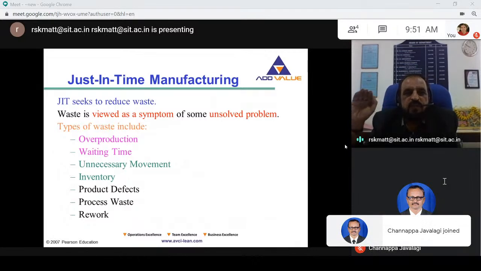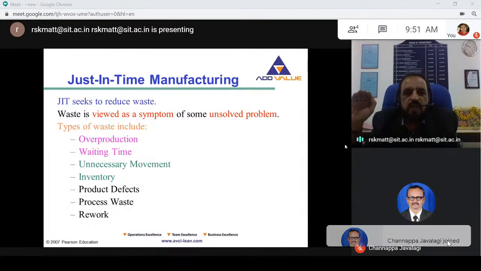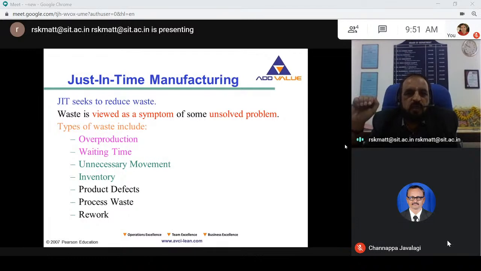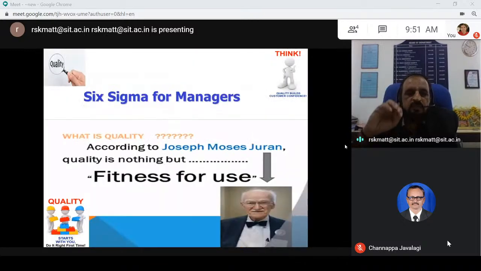The waste is viewed as a symptom of some unsolved problem. The types of waste include overproduction, waiting time, unnecessary movement, inventory, product defects, process waste, rework. These are all the types of waste.